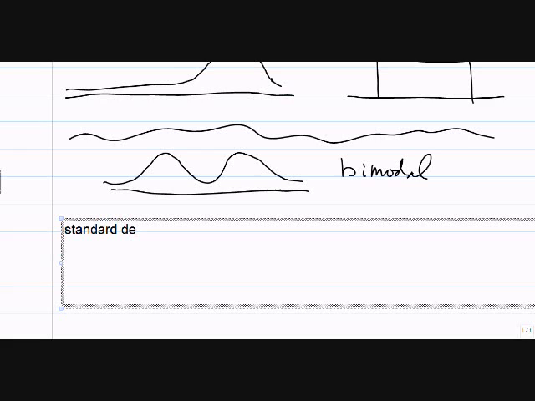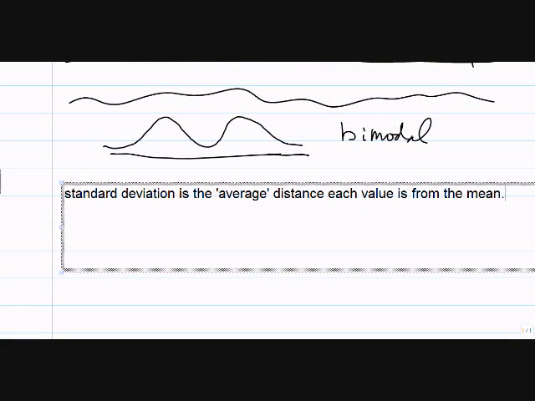Standard deviation is, quote, kind of an average distance each value in my data set is away from the mean. So that's my concept, and we'll work with this concept, and you'll ask me about 5 more times during the year, now, wait a minute, what's standard deviation?